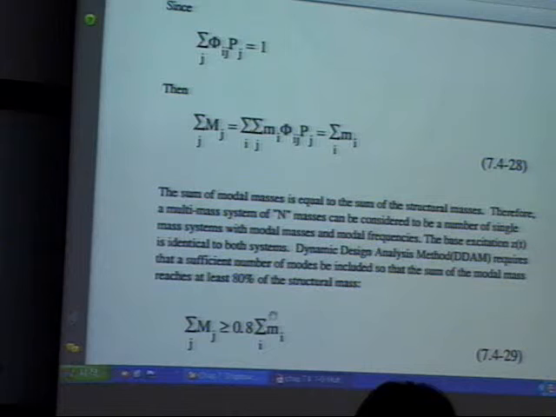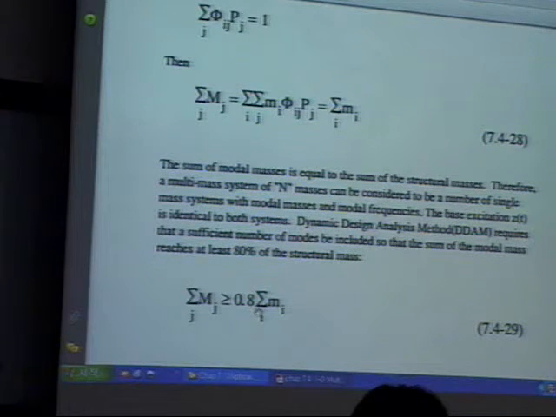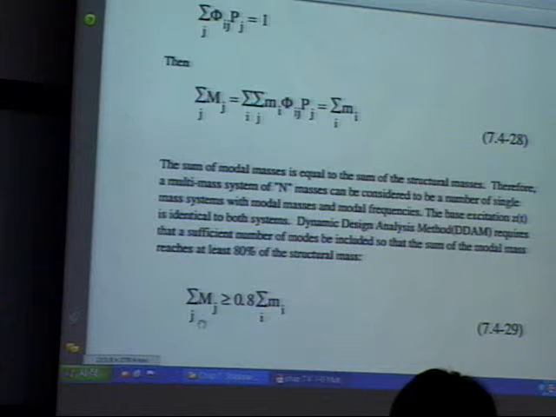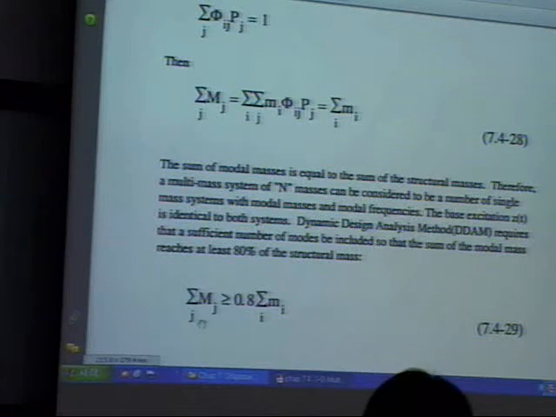So the 80% criteria. What that means here is you take the modes, you compute the modal mass, and keep adding from the lower mode. You know the total physical mass. Any code even shows you what the total mass in your system is, because when you know the physical density of the materials and all that, you can compute the total physical mass.